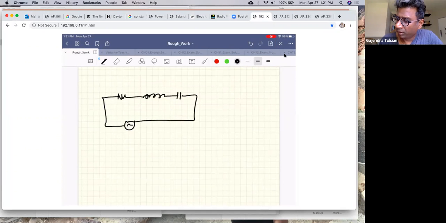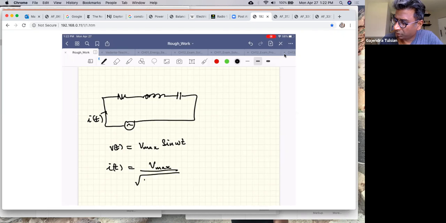And we saw that with a source V max sine omega t, the current in the circuit as a function of time was given by V max over Z, where Z is the square root of R squared plus (XL minus XC) squared, times sine of omega t minus phi.